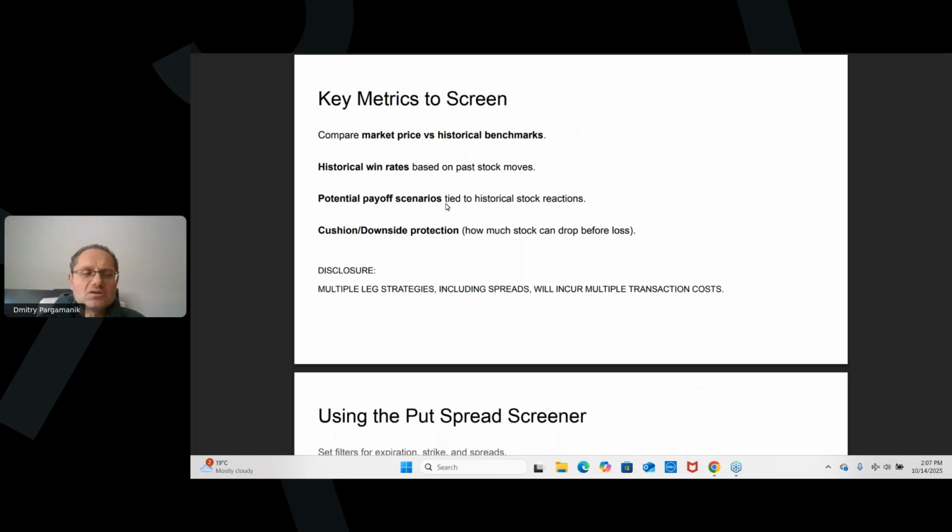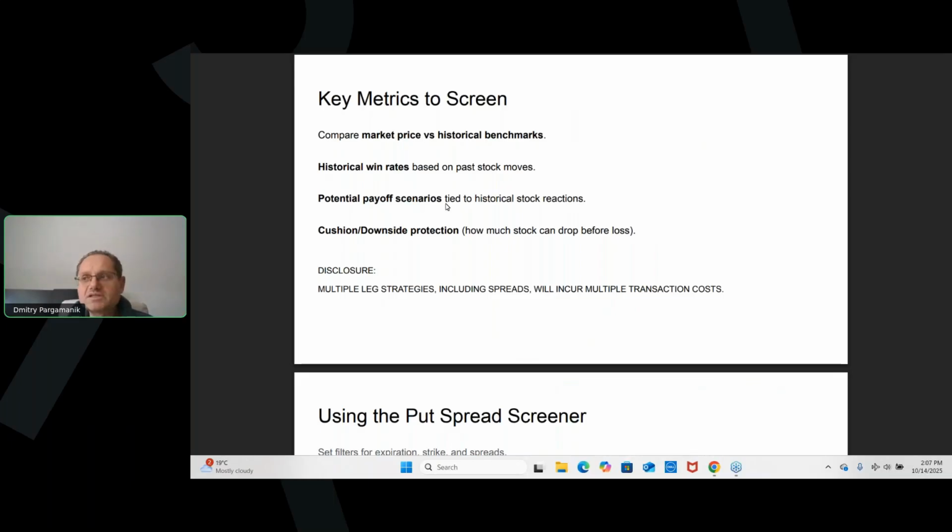When we talk about put spreads, as traders, we look at certain metrics, benchmarks and ratios to help us make more informed evaluations and decisions.